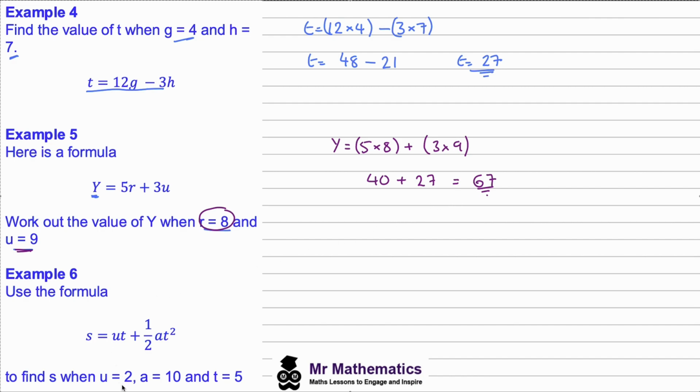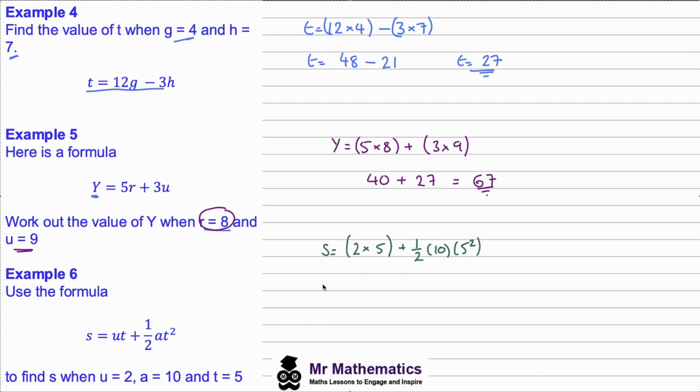You can substitute in each of these values into a formula. Okay, so S would be U, and when U is given as 2, multiplied by T, which is 5, plus 1/2 of A, which is 10, multiplied by T squared, 5 squared.